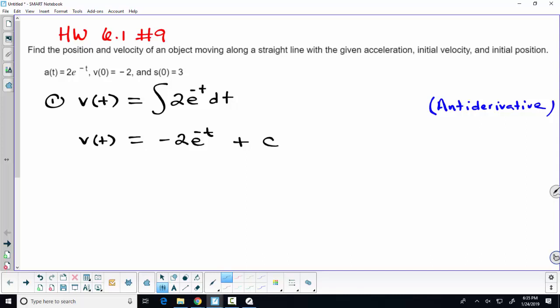And then again, to find that c, we're using the initial condition. So we have v of 0, and we know v of 0 gives us -2.